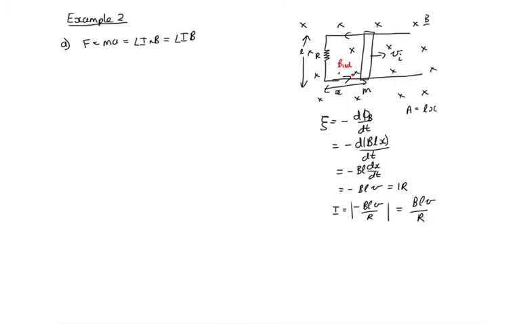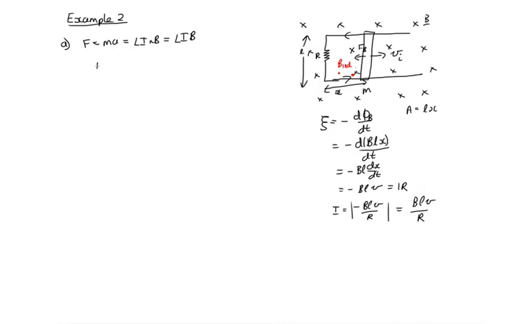Now what we've done is we've worked out how big I is here, so we can substitute this back in here. But just before we do that, we should note the force opposes the motion, so it's in this direction. So the force is in the opposite direction to the velocity.